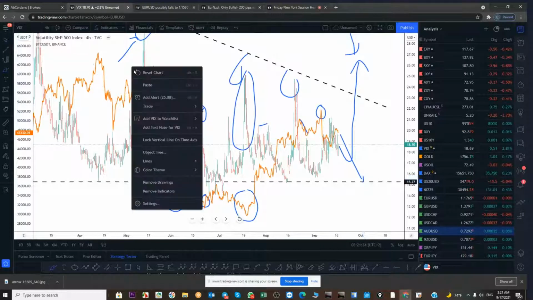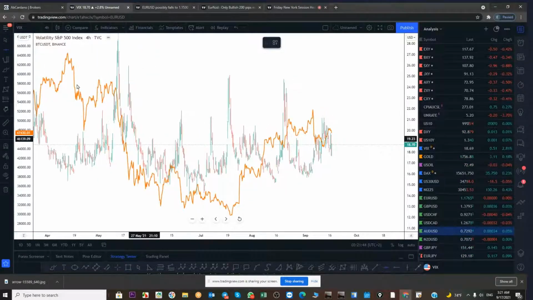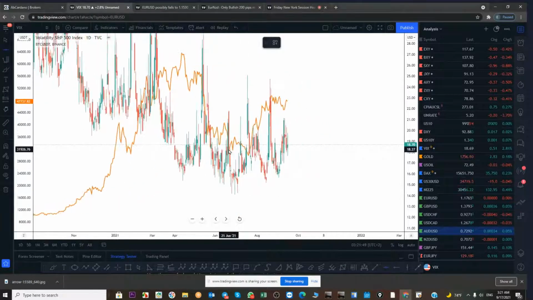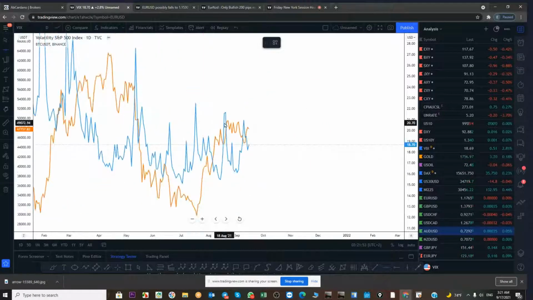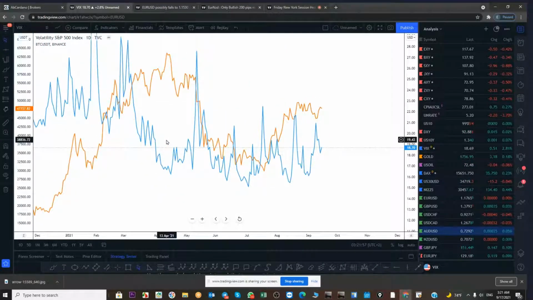If we make this a little bit cleaner, you can remove all the extra lines. And you see the previous level, if it's going to fall to the same previous level as before, we can use the daily chart. You can also use a line to make it easy. Basically, the Bitcoin, guys, is the orange one, and the VIX is this one.